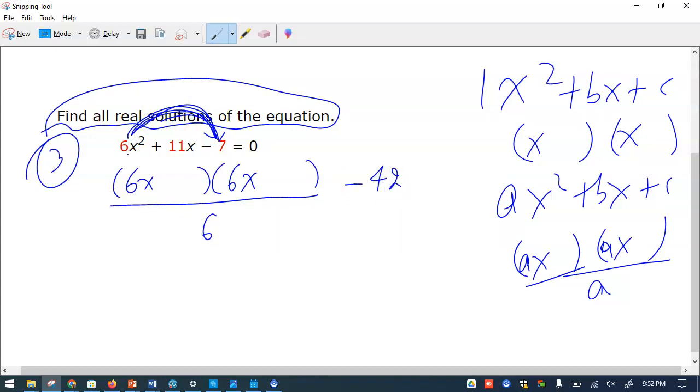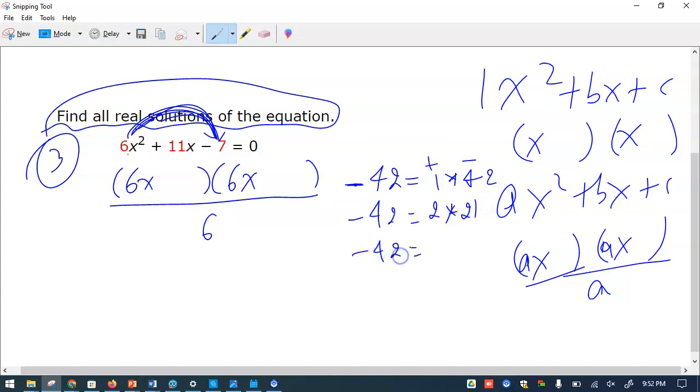So what are the factors? Remember, there's a minus. When you multiply, one of them has to be plus, the other one has to be minus. Now, the factors of 42: 1 times 42 is 42, and 2 times 21 also is 42.